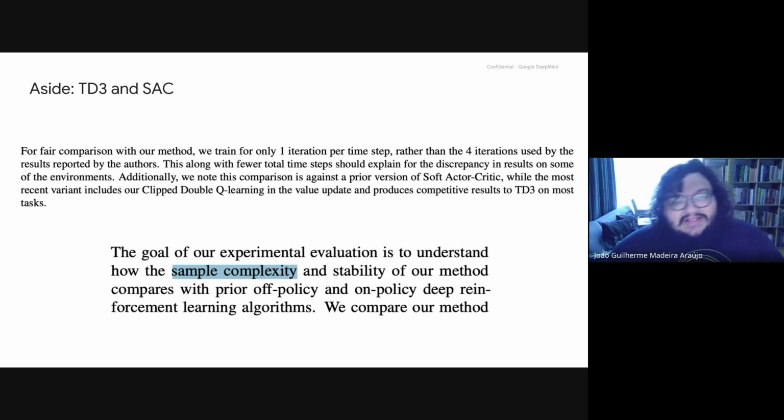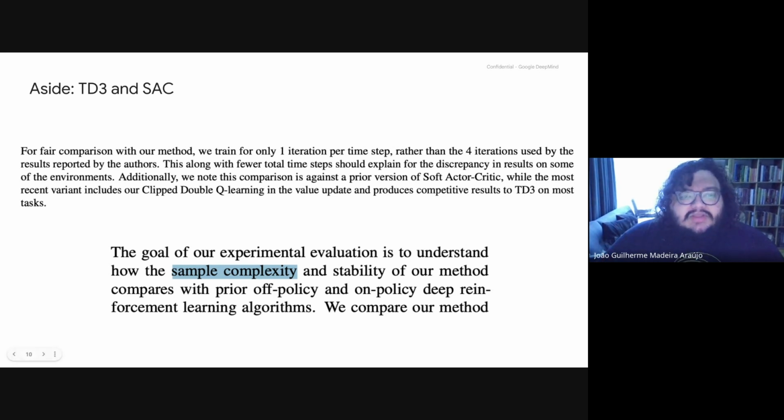And when TD3 compares, they are kind of ignoring that. So now you can really say, maybe if we did 4 to each, SAC would still come out on top, and from a sample complexity standpoint, they are better. We just can't know because neither of the papers did a fair comparison on that point.